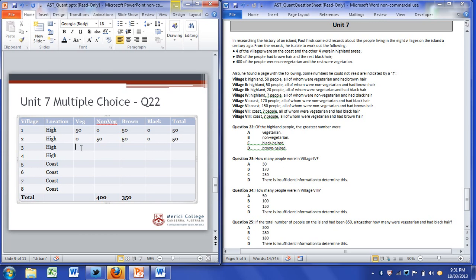20 people, all vegetarian and black hair. And finally, for the highland, we don't know how many people, but we do know they're all non-vegetarian, and we know they're all black hair. So what that means is I can actually put 0 in there, and I can put 0 in there.